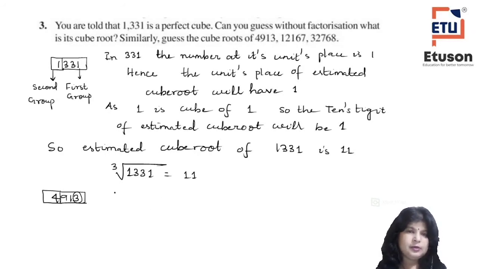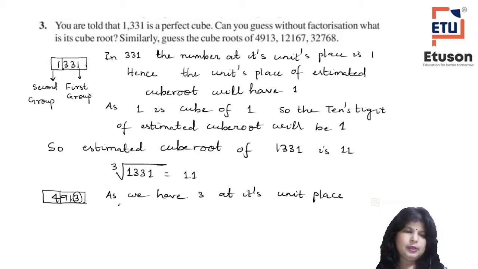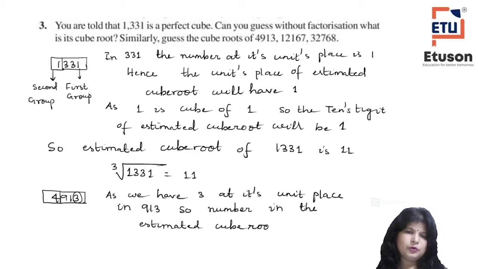Because we have 3 at its unit place in 913, the estimated cube root will have 7 at its units place.